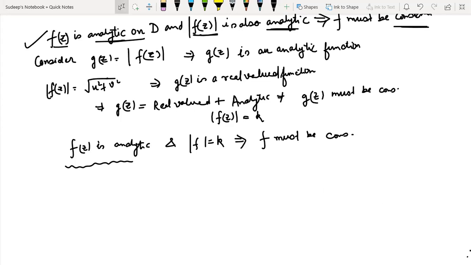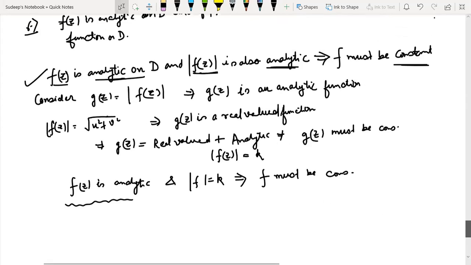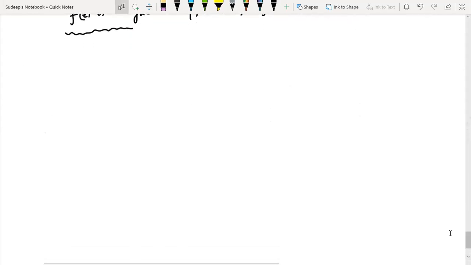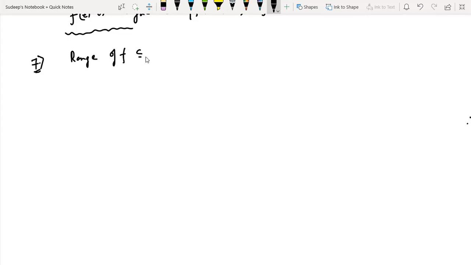This is a really very important statement. All these statements are very important. They may be asked directly or indirectly in your exam, so I'm just writing them up. Another way of putting all these things is that if the range of f is contained in the imaginary axis, it implies f must be a constant function.